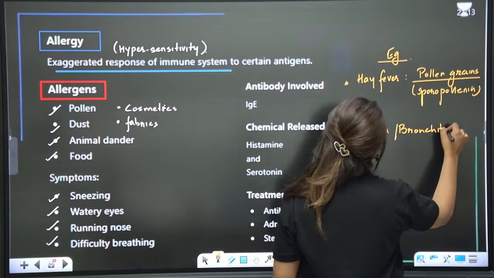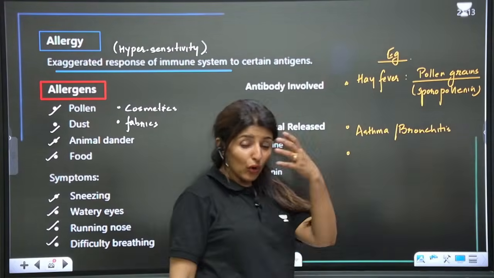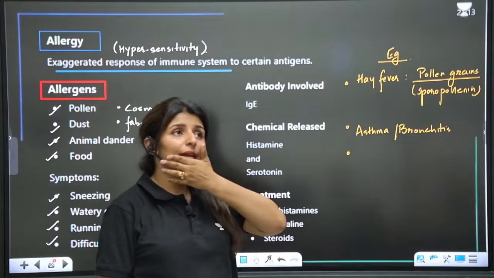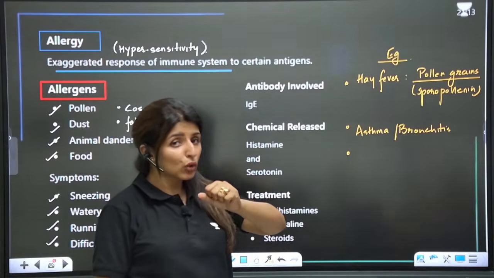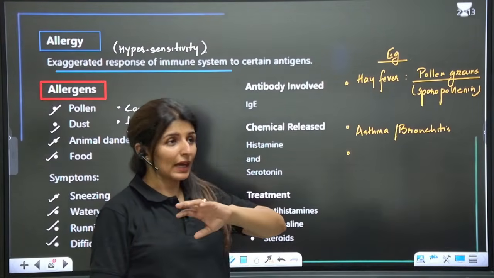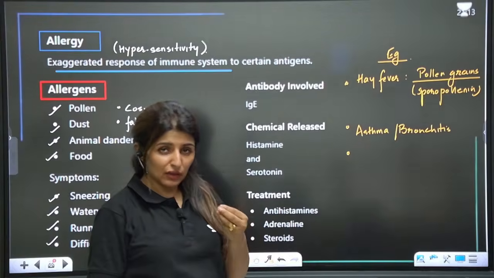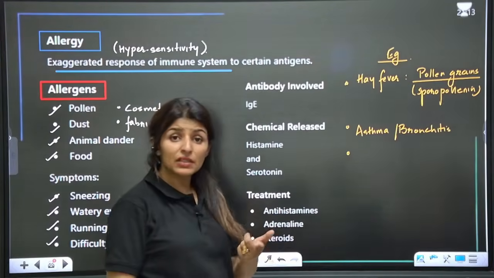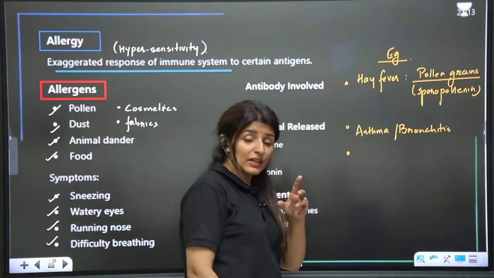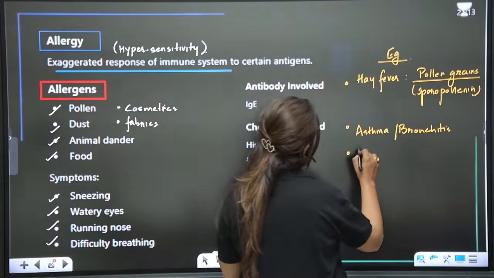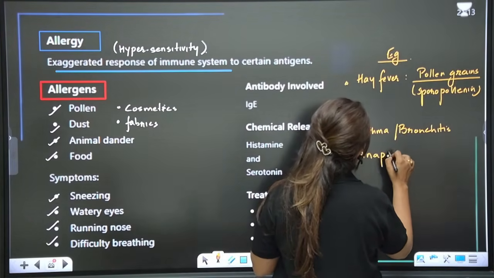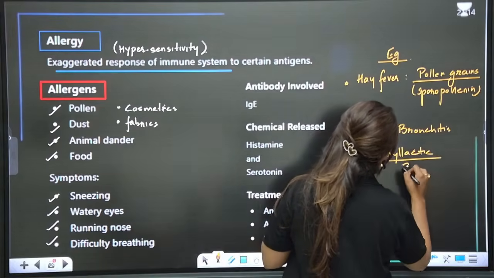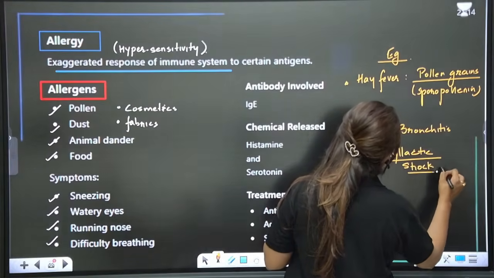In some cases, the whole body goes into a state of shock. For example, if a person is allergic to gluten and is not able to eat wheat, and you give wheat to that person in disguised form, the person might die. In that state, the whole body goes into a state of shock, which is called anaphylactic shock. So anaphylactic shock can be fatal.